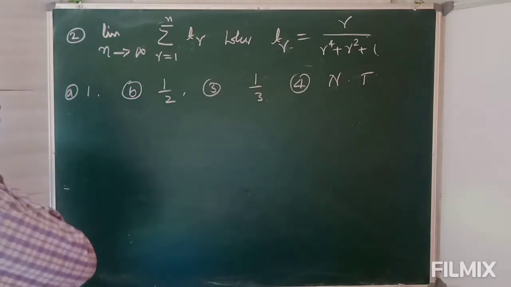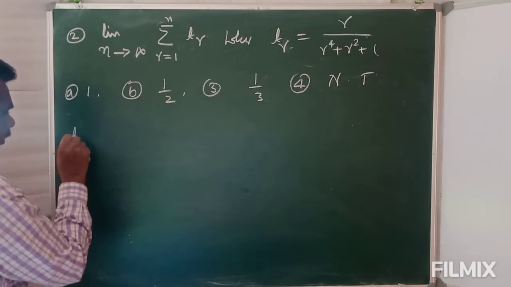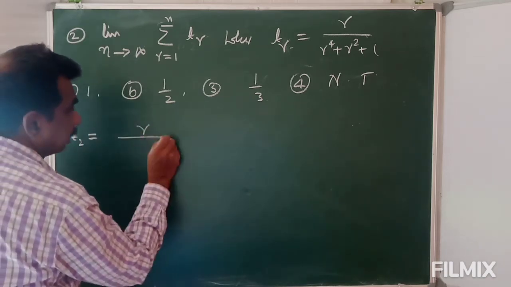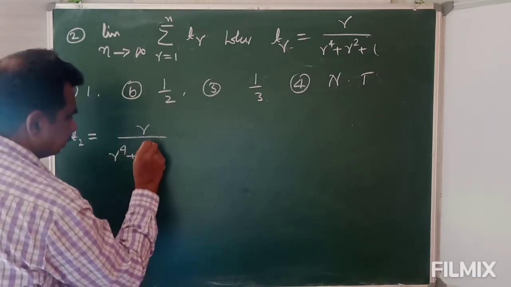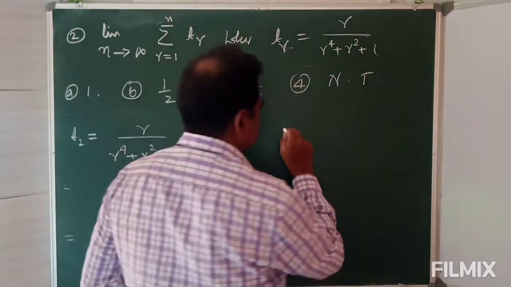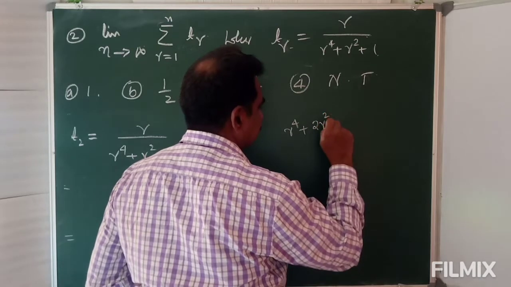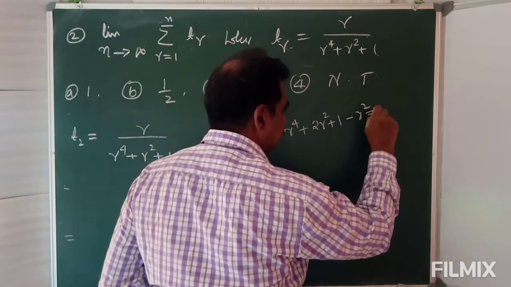Now, I will take t_r. t_r is equal to r by r power 4 plus r square plus 1, as given. Okay? See, r power 4 plus 2r square plus 1 minus r square is equal to this one.